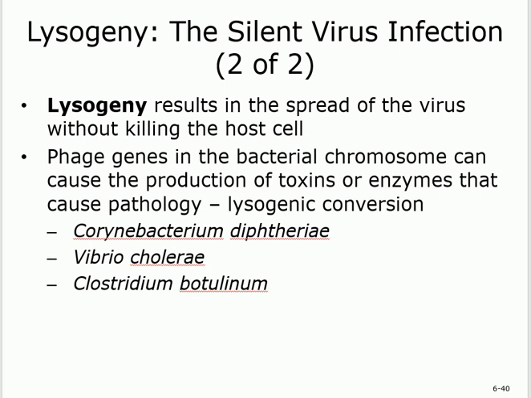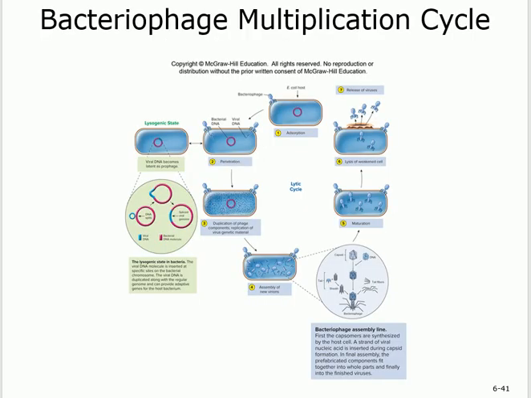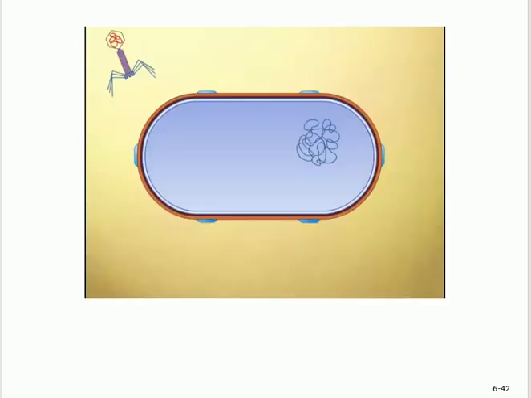They make some enzymes and toxins, and they call it the lysogenic conversion. So while you're incorporating yourself, you order the chromosomes to make toxins for you. So these are called the toxin-producing bacteria. So how did the diphtheria and cholera and Clostridium make toxins? The virus told them to do that. The virus, which is the phage. So later on, ultimately, it's going to activate and switch into the lytic cycle.